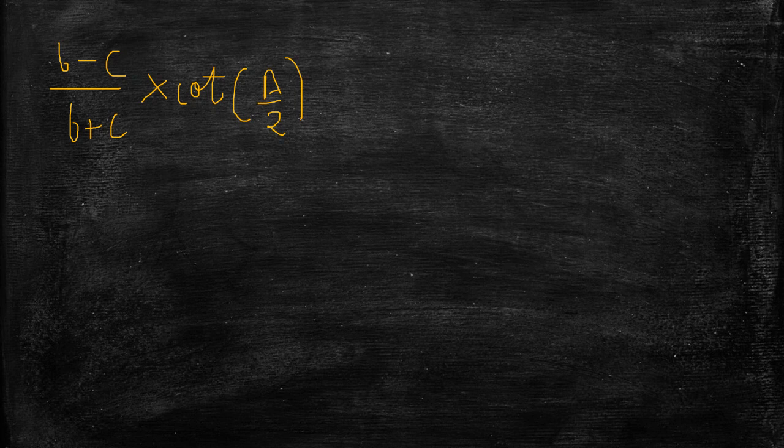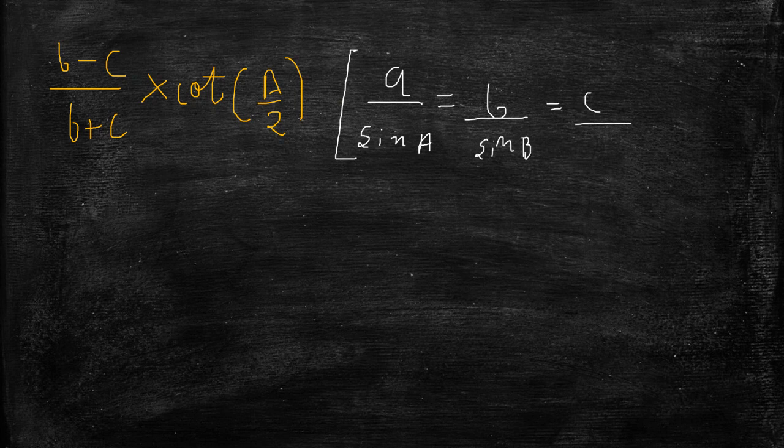Now what is my sine rule? a by sin A is equal to b by sin B is equal to c by sin C. I am letting all three ratios be equal to some quantity, k, because all the ratios are equal.